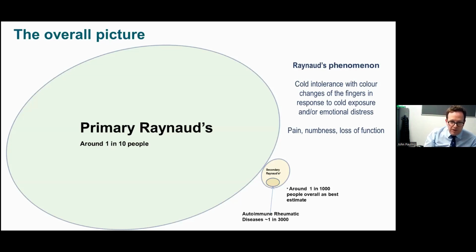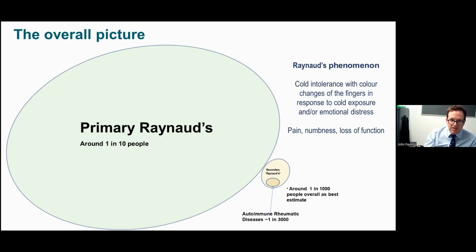The autoimmune rheumatic diseases causing Raynaud's is probably about 1 in 3,000 people. And as I mentioned in the last slide, people with systemic sclerosis is 1 in 5,000 people. And the reason we've ended up using the term Raynaud's phenomenon to describe all of these different clinical presentations is because all of these people will experience cold intolerance with color changes of their fingers in response to cold exposure and emotional distress.